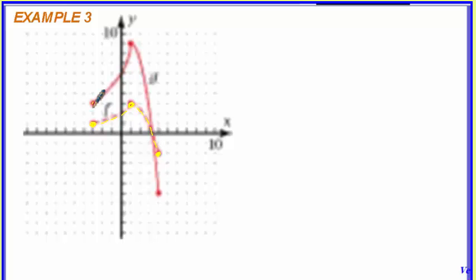And we have the image function, which is represented by this solid line graph. These two graphs are illustrated in a 10 by 10 window of the grapher.